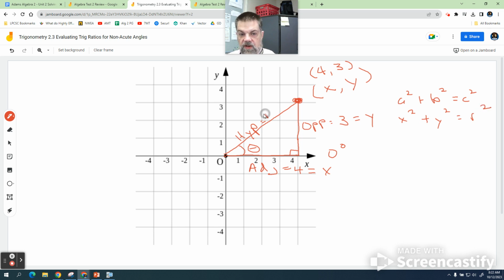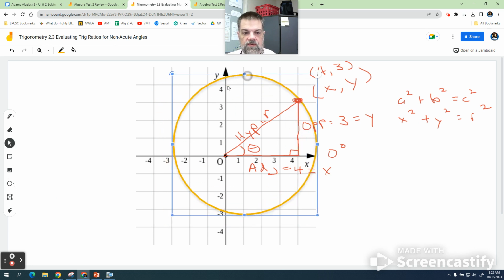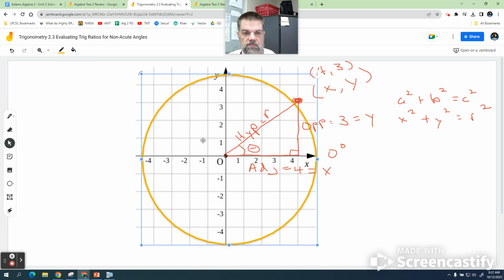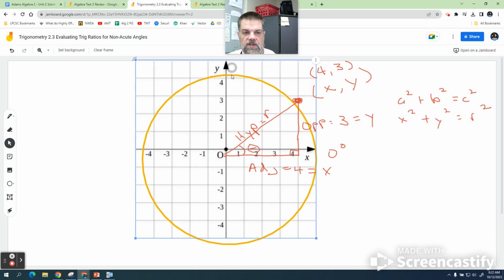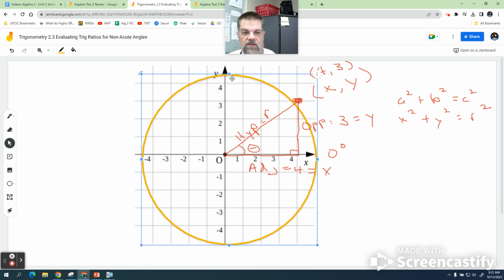Because this is like the radius, because we're imagining a circle that goes through this point here.